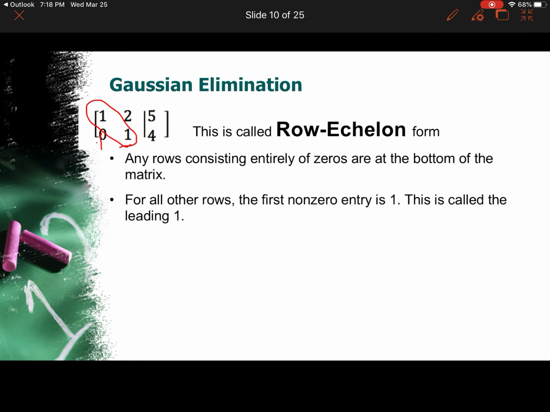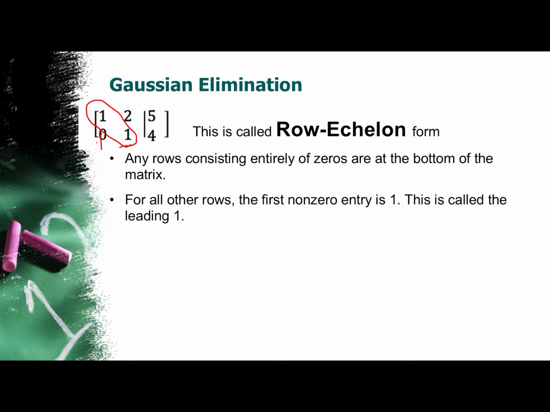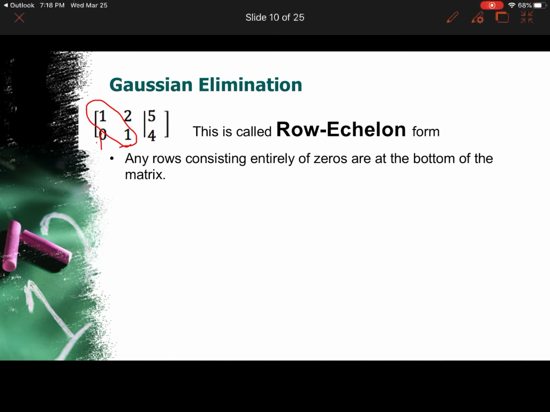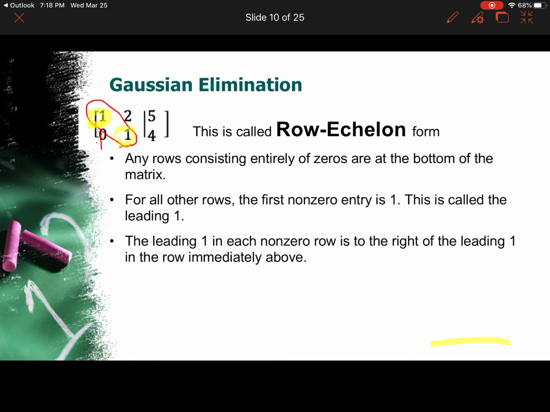So in the top row, we will just have it be a 1 right here, right? In the second one, there is a 0, but then the first non-zero is a 1 right there. So we've met that. That one is referred to as the leading one.